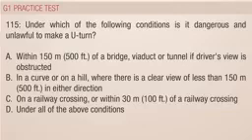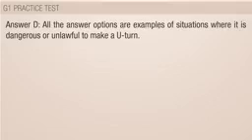C. On a railway crossing, or within 30 meters (100 feet) of a railway crossing. D. Under all of the above conditions. Answer D. All the answer options are examples of situations where it is dangerous or unlawful to make a U-turn.